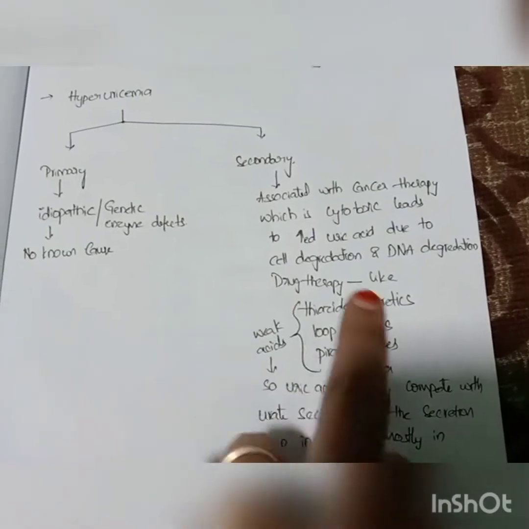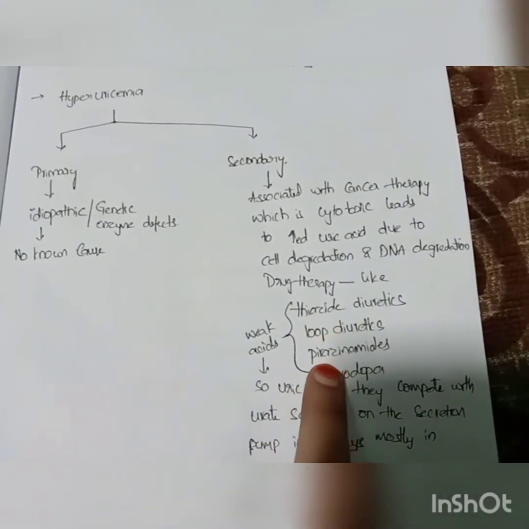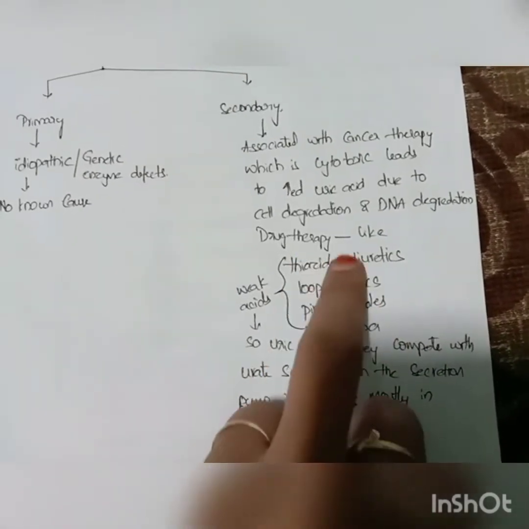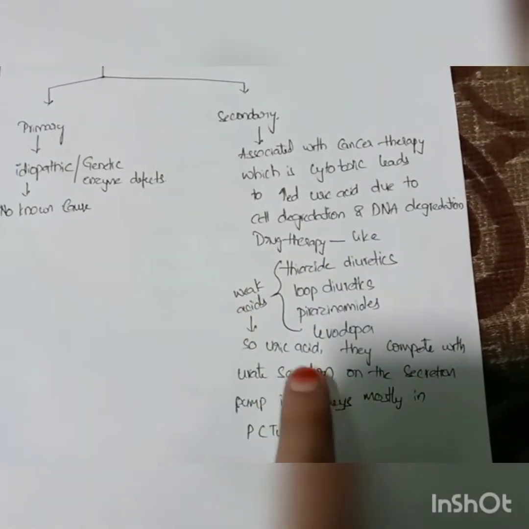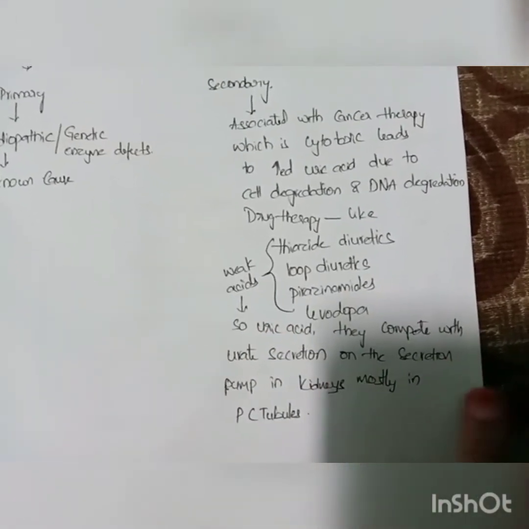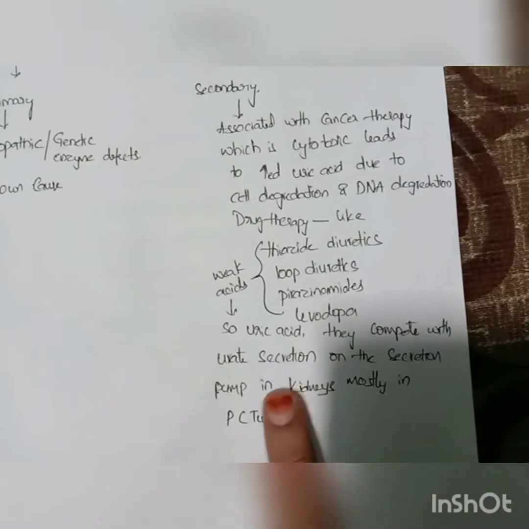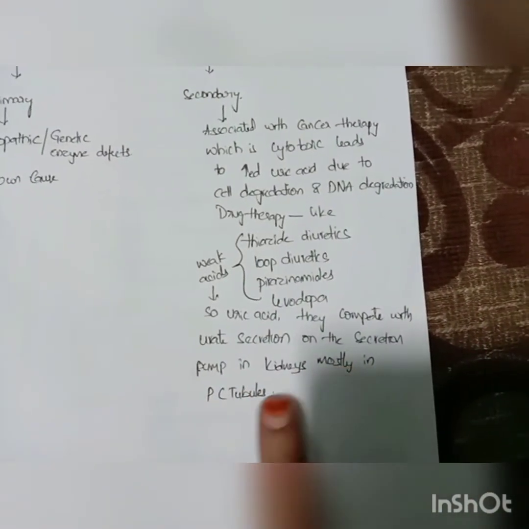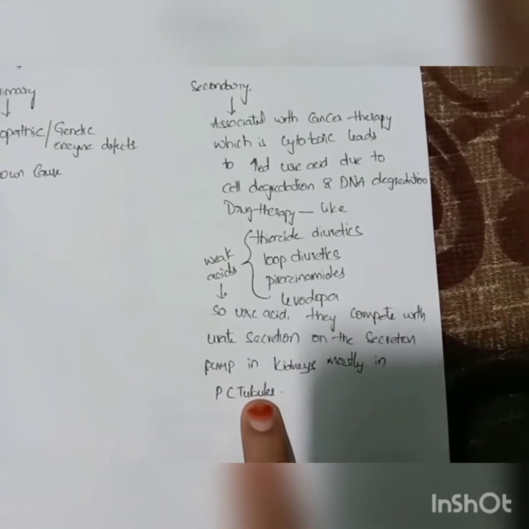And also drug therapies like thiazide diuretics, loop diuretics, pyrazinamide, levodopa, etc. These are weak acids, and they lead to increased uric acid levels in the blood. They compete with urate secretion on the secretion pumps in the kidney, mostly in the proximal convoluted tubules.